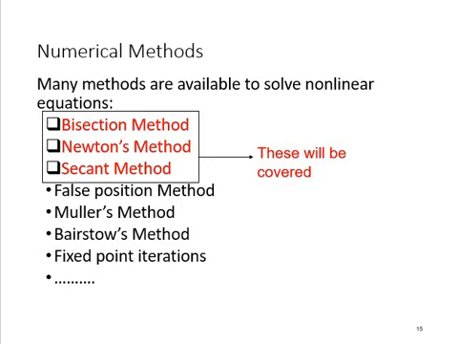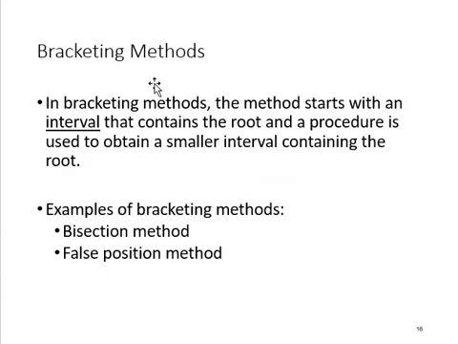And these other ones will not be covered. So the bracketing method. In the bracketing method, we start with an interval that contains the root, and then a procedure is used to obtain a similar interval containing the root.